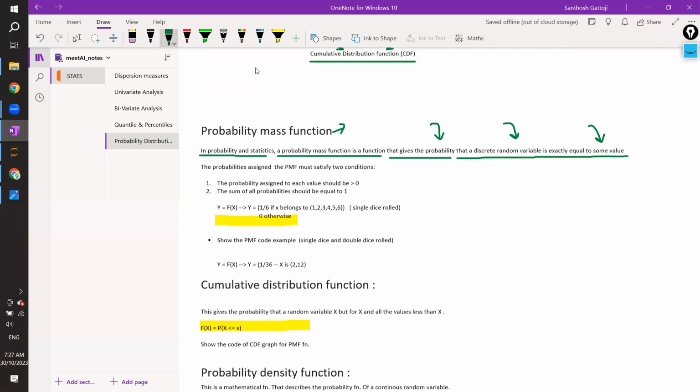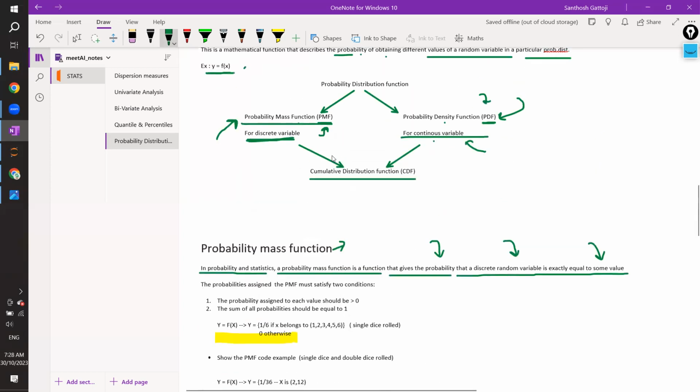But here you are using a function, and that is called probability mass function, and it works only for a discrete random variable. Agree? So are we good, guys? Till here, are we good, everybody?